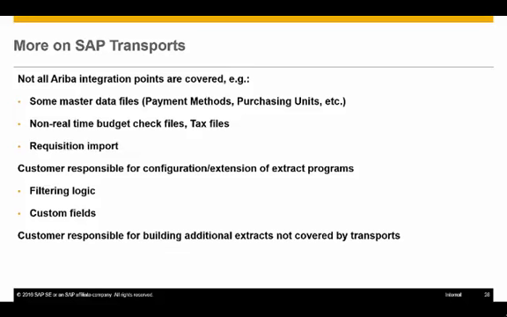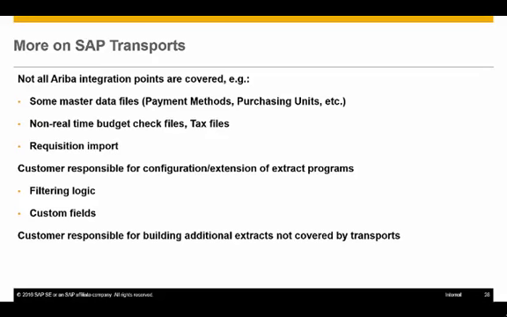There are few master data objects that are still not supported by SAP Transport, mostly around purchasing unit and payment methods. Once you get more engaged with the Ariba deployment folks, you will understand what these objects mean, and not all the time they are going to be used, but when you bring these objects into scope, you will realize that SAP Transport does not provide the programs for these extracts.